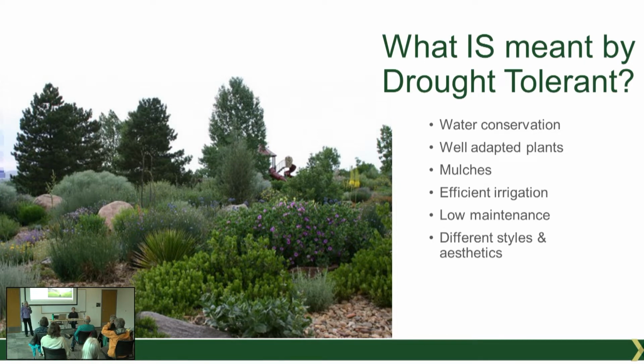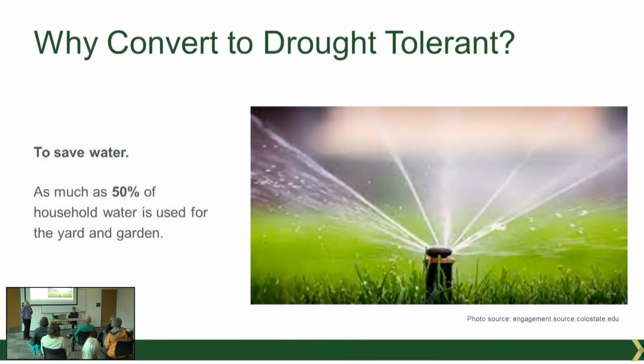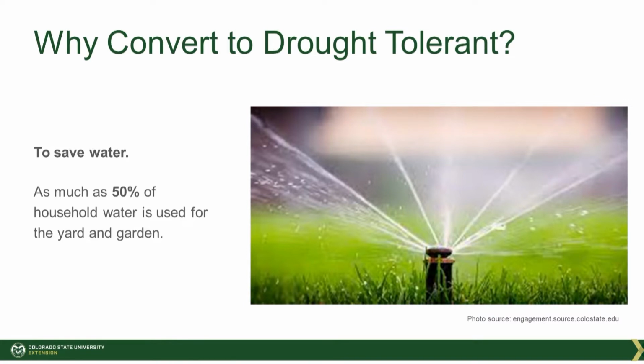Why would you want to convert? There's a good reason right there. Conserve water. All of us here in this part of the country are well aware of how little water there is and how much of the water that there is we don't get. We get to send it downstream because it is committed to other people who need water.